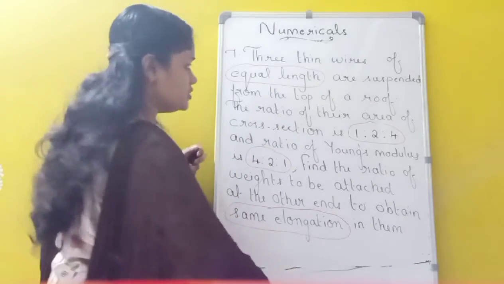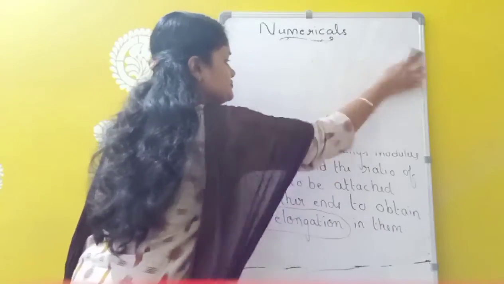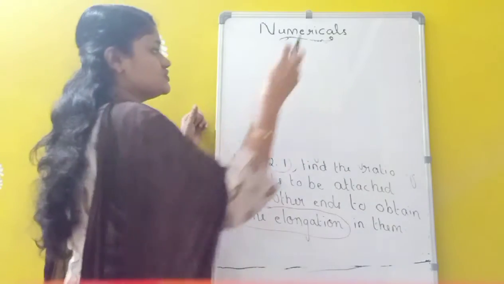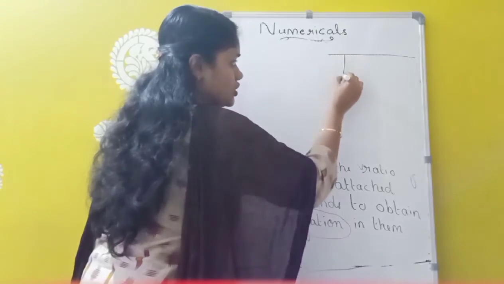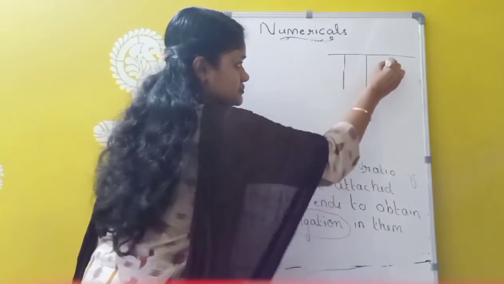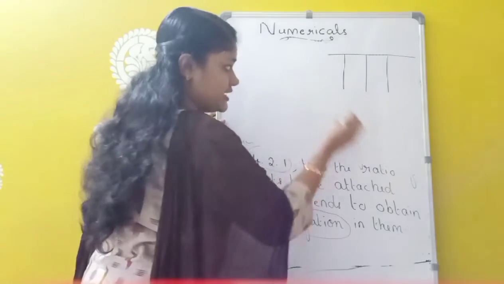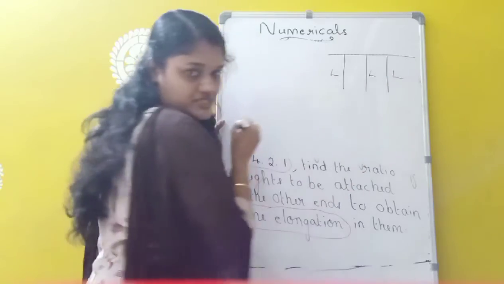Okay. So first of all, I am taking 3 wires. Suppose we have 3 wires suspended from a roof. All the 3 wires have the same length, that is, the original length is the same. L is the original length.